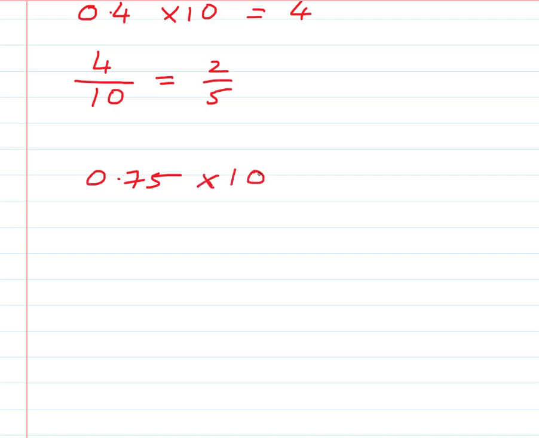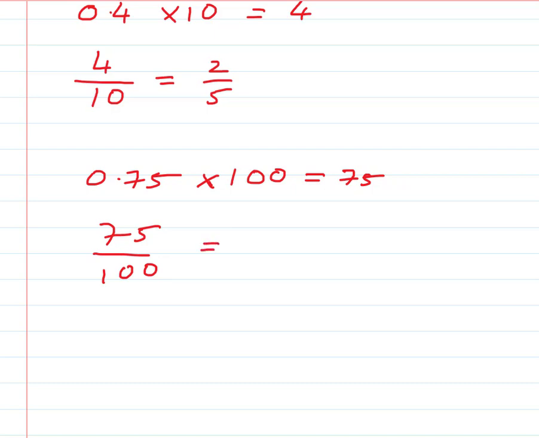We need to multiply it by 100 this time because it's a 2-digit number. Because this is a number to one decimal place, we're using 10. Because this is a number to 2 decimal places, we're using 100. That gives us 75. Then we take that 75 and divide it by 100, which is the number we just used.